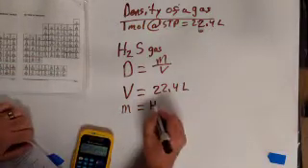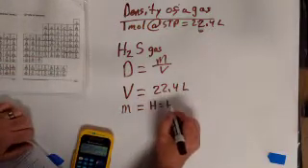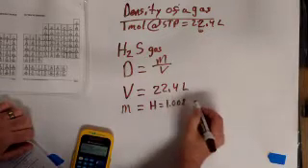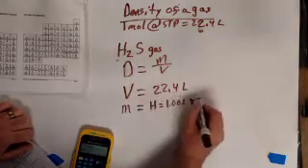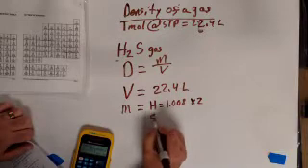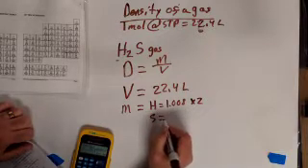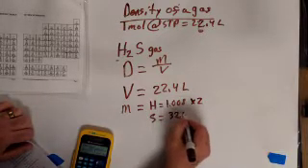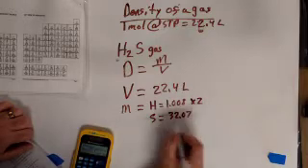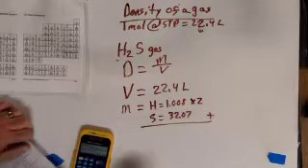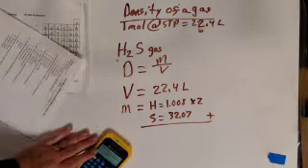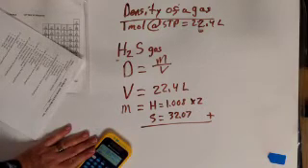We know that hydrogen is 1.008, but it's H2, so we have to multiply that by 2. We know that sulfur is 32.07.